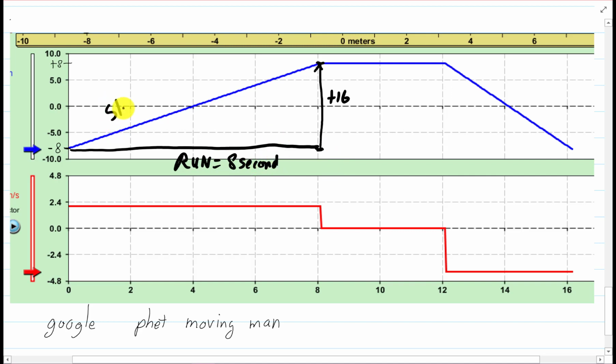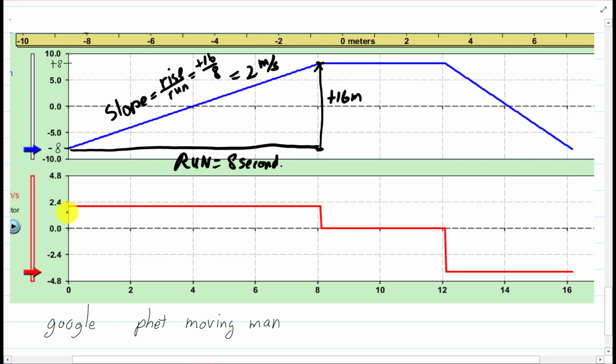So the slope is the rise over the run, which is +16 over 8, which is equal to 2 meters per second. These are in meters, these are in seconds, so it's just 2 meters per second.